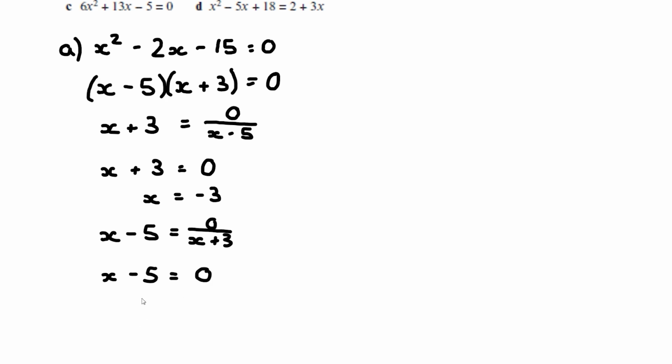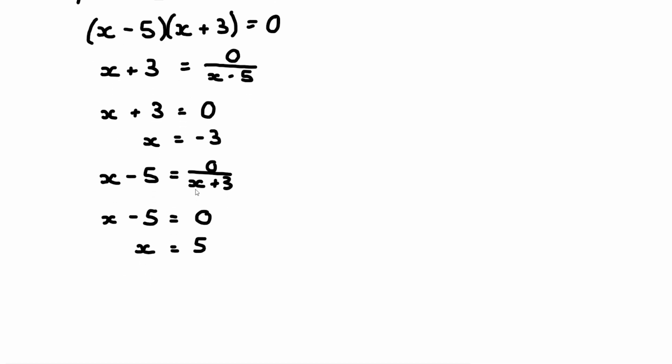And then we can bring the minus 5 over, giving us x equals 5. And then we want to write our final answer, which is just that x equals minus 3 and x equals 5. So you can just write it like this, x equals minus 3 comma 5, to show that these are the two possible values or two solutions for x.